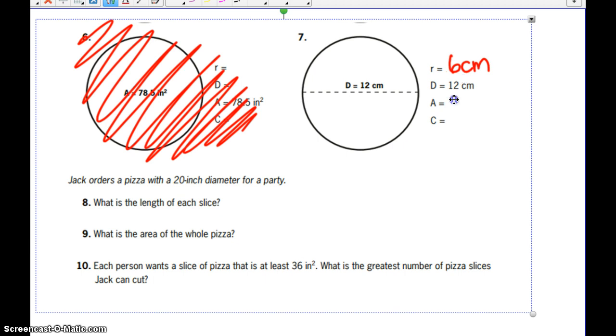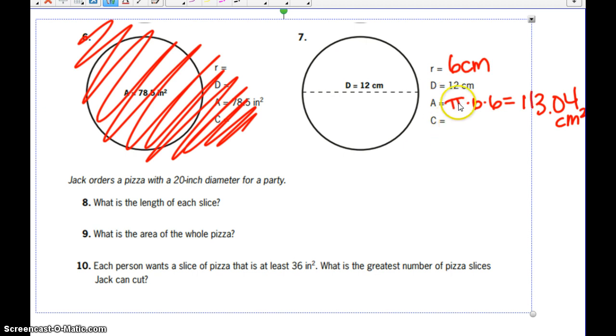If my radius is 6, then here I'm going to do pi times 6 squared, so 6 times 6. When you put in 3.14 times 6 times 6, I get 113.04, and what's my label? Centimeters squared.